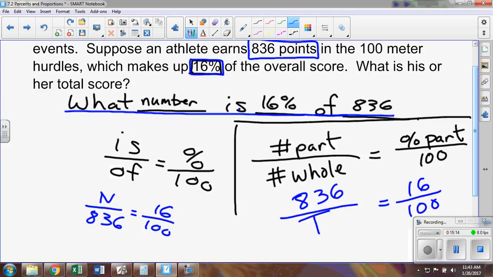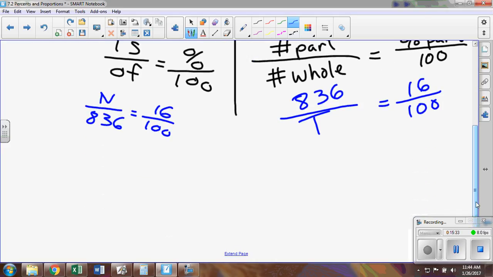A lot of students struggle with it, and they would have wound up creating something that was not valid. That's why you should know the percent proportion outside of the mnemonic. You should know that it is based on number part and number whole. That way you can build proportions like these and actually solve the problem appropriately.